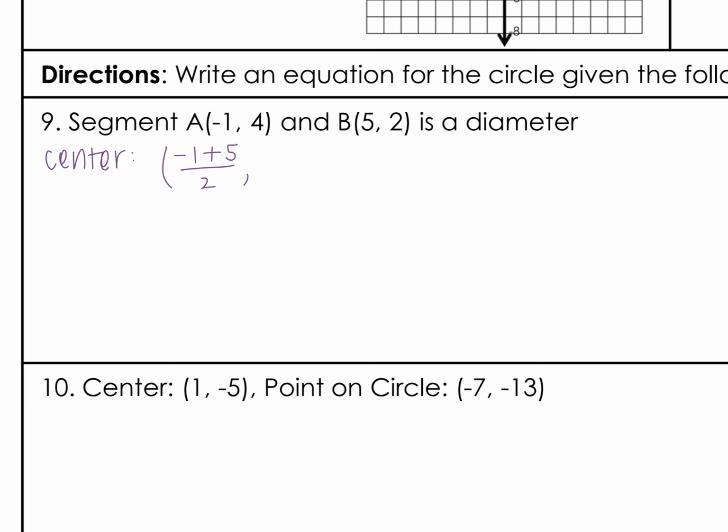Then doing the same thing with our y, so 4 plus 2 divided by 2. Okay, so -1 plus 5 will give me 4, divided by 2 gives me 2. And then 4 plus 2 gives me 6, divided by 2 will give me 3. So my center is at (2, 3).